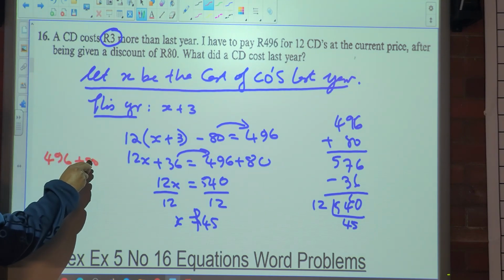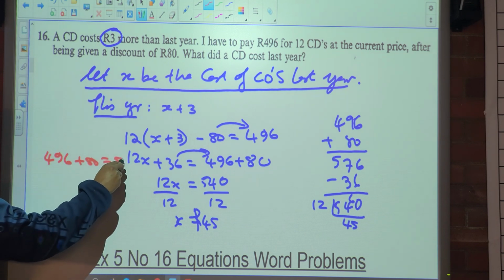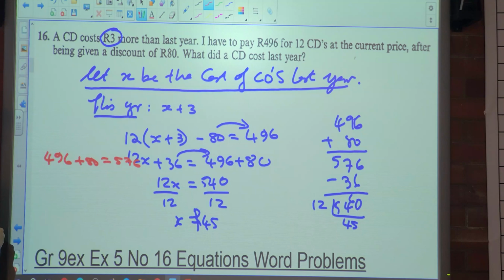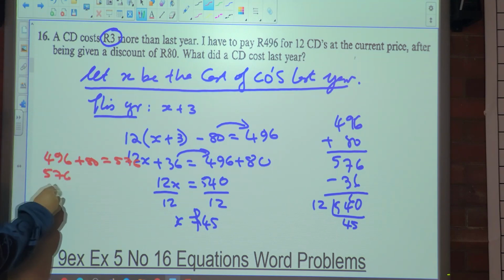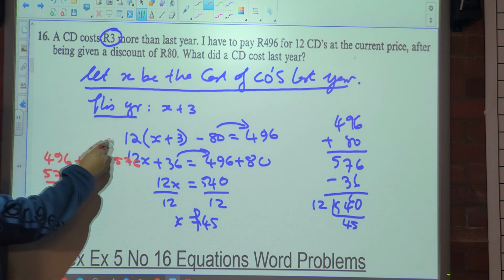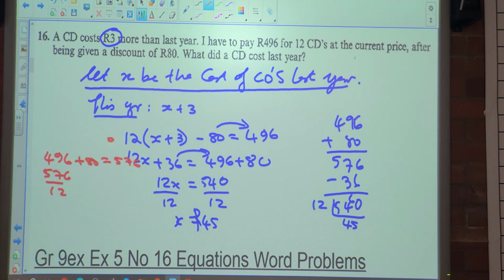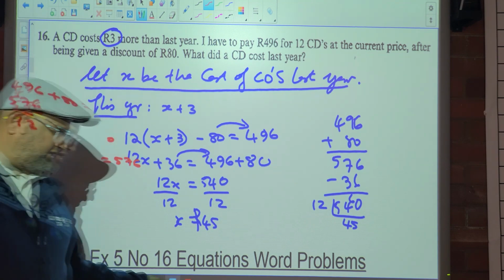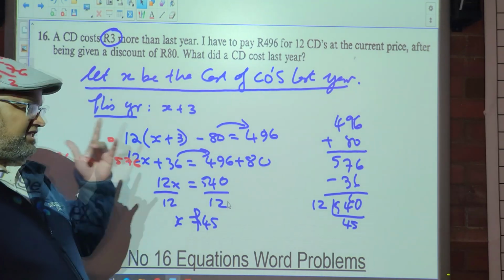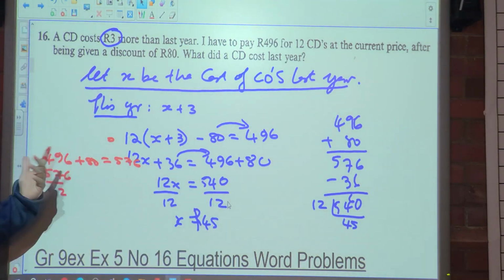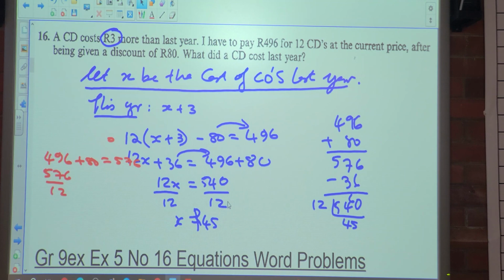Equals 576. Yes? And I said 576 over 12 and 48. Then you didn't set up an equation. You must remember that the question would read, set up an equation in order to solve the story.